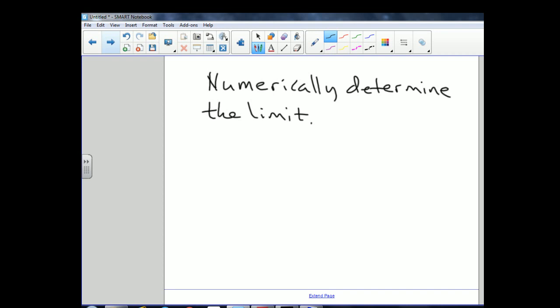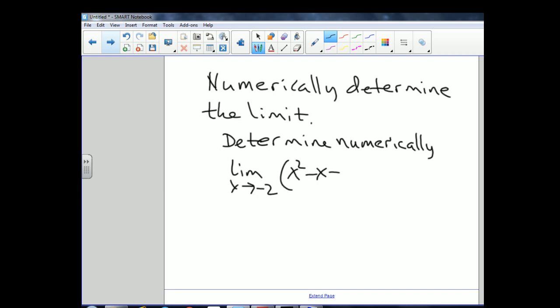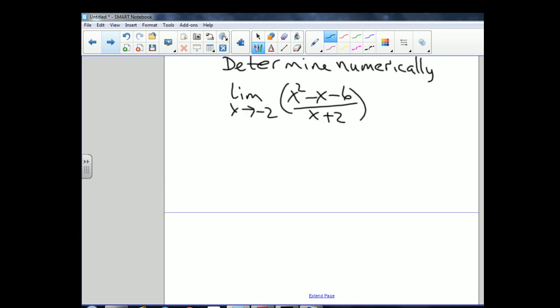So we're going to numerically determine the limit as x approaches -2. Unfortunately, I'm not going to be able to show you the calculator on this lecture.